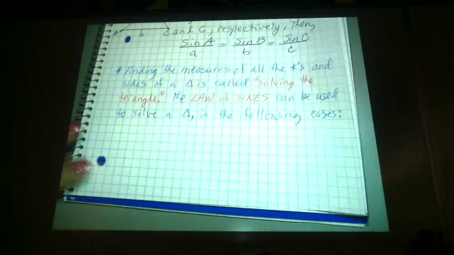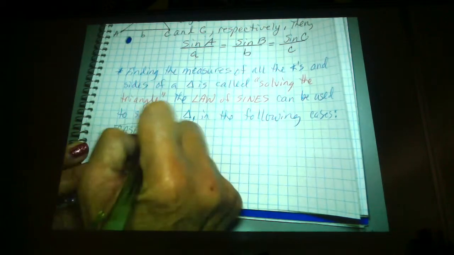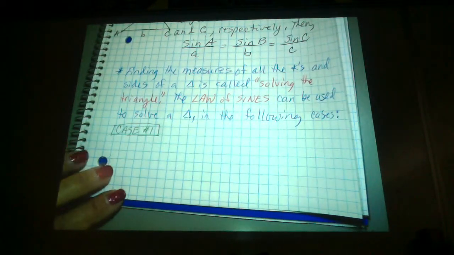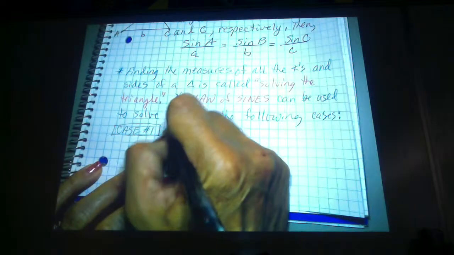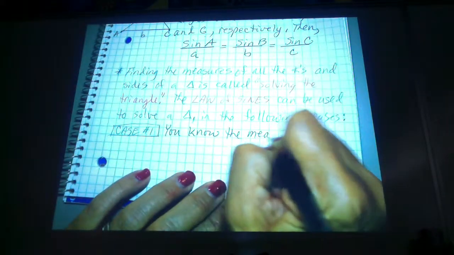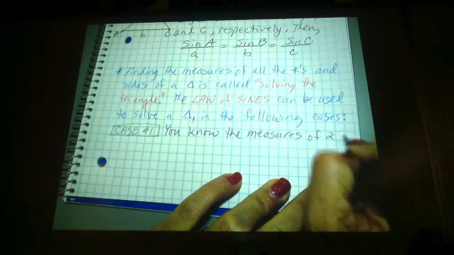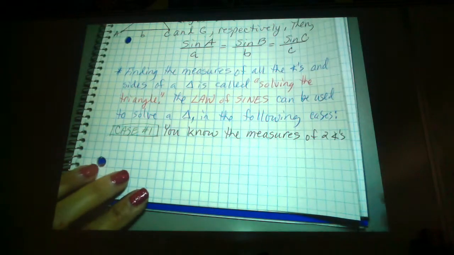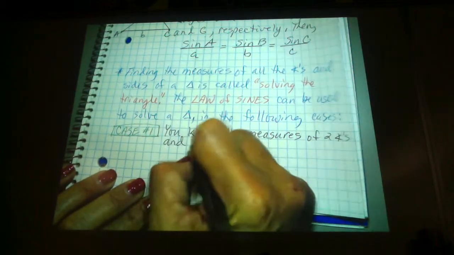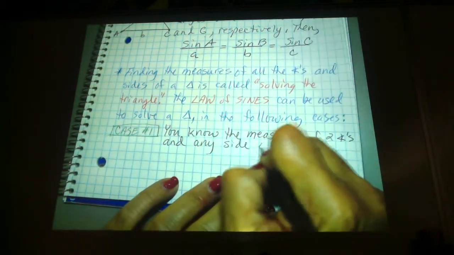So case 1, you know the measures of 2 angles and any side of a triangle.